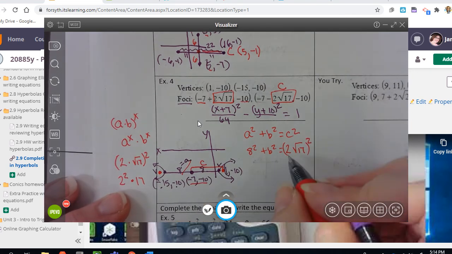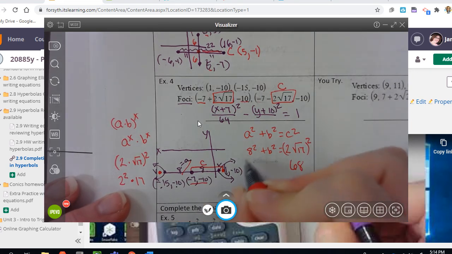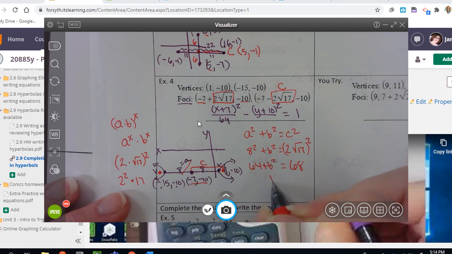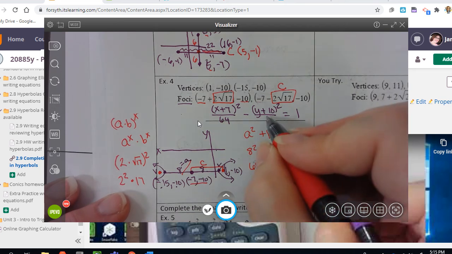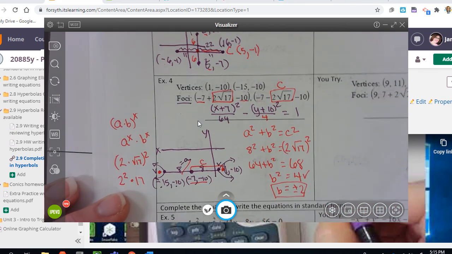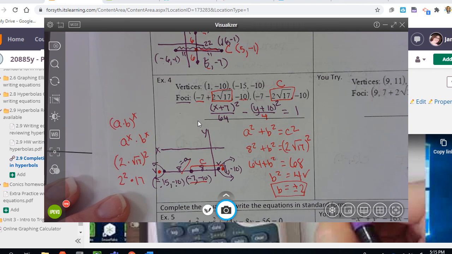If you multiply this out, it will give you 68. So this is 64 plus b squared equals 68. b squared is 4. b is plus or minus 2. I'm sorry, you don't need to know what b is, because b squared is what goes right here, and you can just write that 4 right there. Okay, we are done with that.